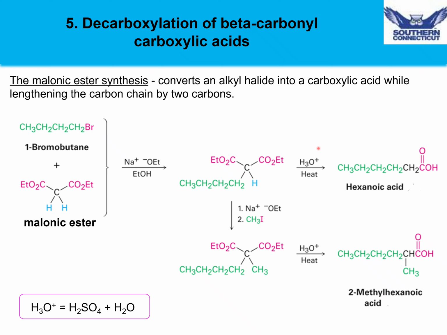And then if we use a decarboxylation, so adding aqueous acid and heating the ester, or the diester in this case, will lead to first hydrolyzing the two esters into carboxylic acids, and one of those two esters would be removed by decarboxylation, leading to a carboxylic acid that is 2 carbons longer than the original alkyl halide.